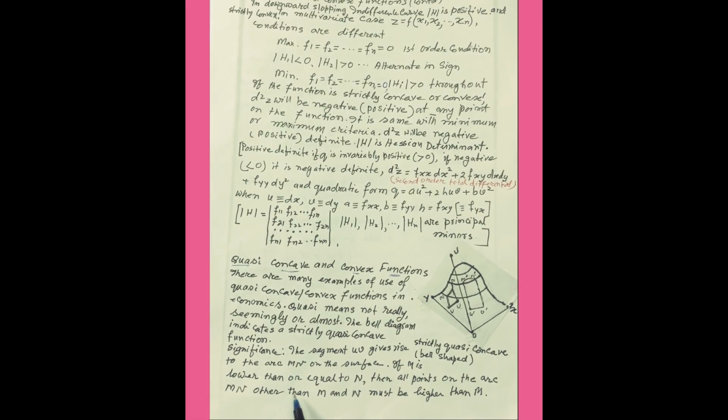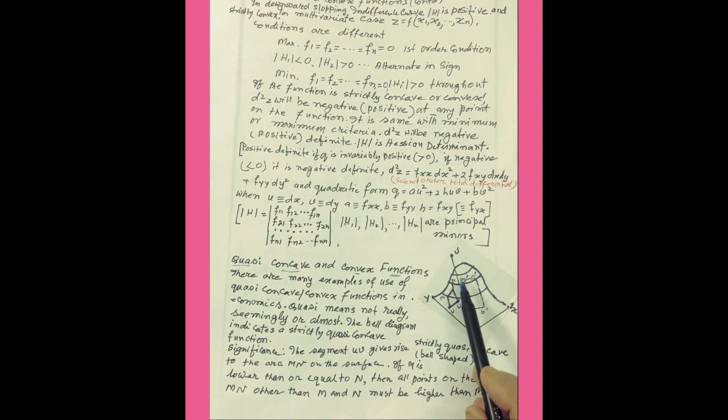If M is lower than or equal to N, we have seen that M is at a lower level and N is higher. So it is said that any point in between M and N will be on the arc MN other than M and N.